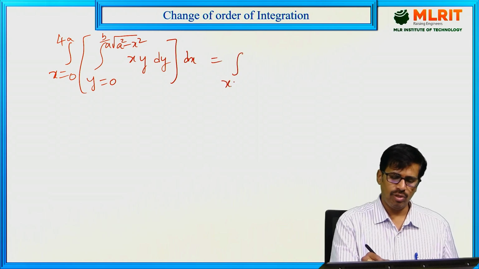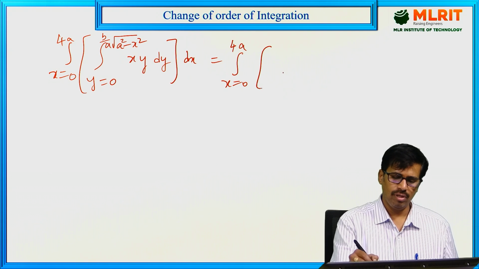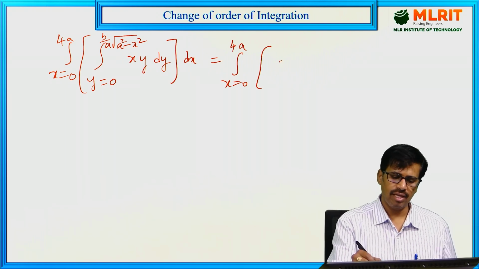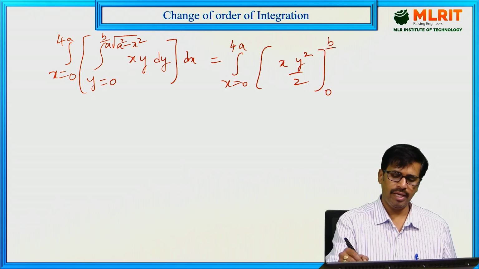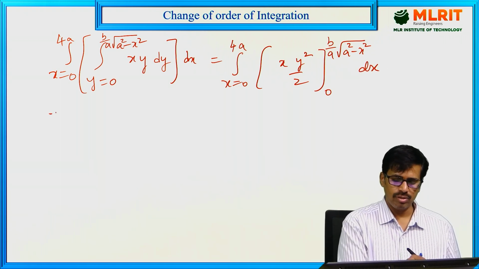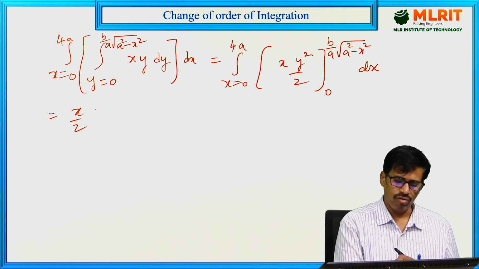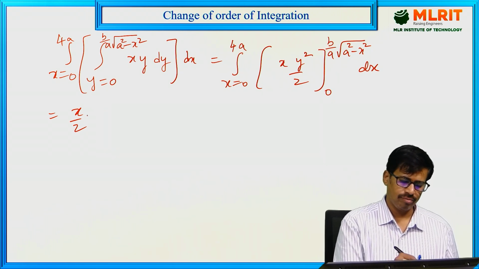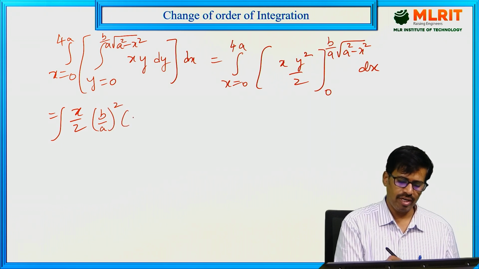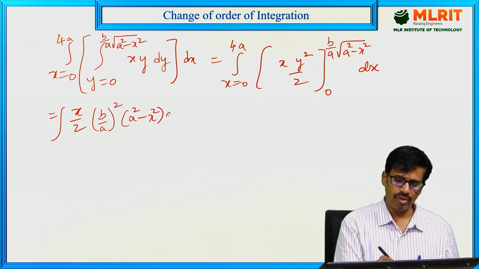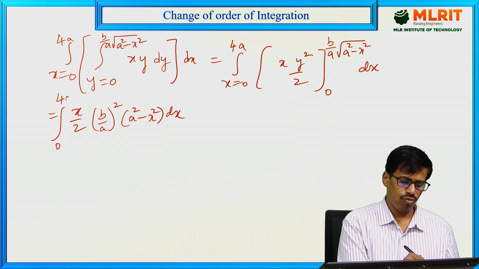So x from 0 to a, the integration of xy dy is x into y square by 2, with y limits 0 to b by a under root of a square minus x square, dx. So this can be written as the integral of x by 2 into, in place of y we write the upper limit, b by a whole square into a square minus x square, dx, 0 to a.